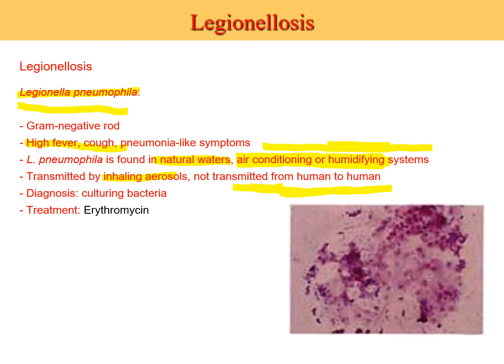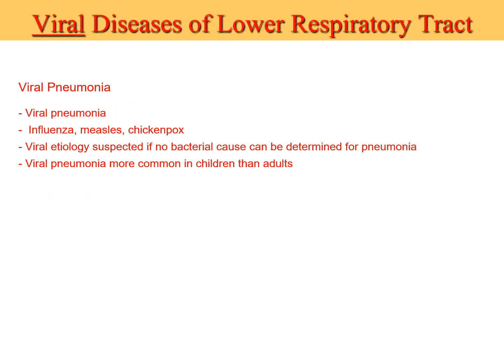Okay, those are the pneumonias and bacterial infections. Now we'll talk about viral infections in the lower respiratory tract that cause viral pneumonia. These include influenza and measles and chickenpox.